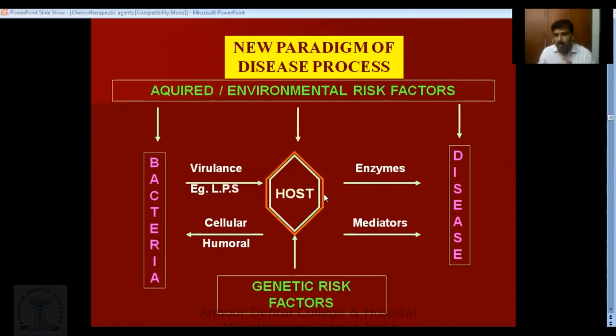We are trying to control the host so that the destruction from the host is reduced. We modulate the host in such a way that the excess that is produced is combated by means of certain drugs that we give. That is the basic idea of host modulation.